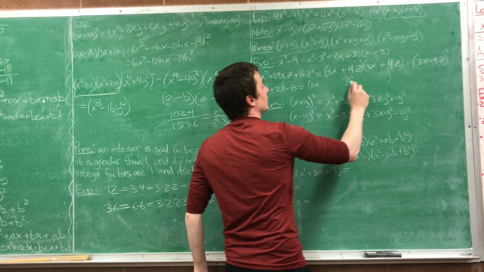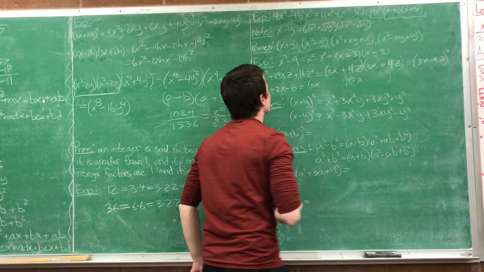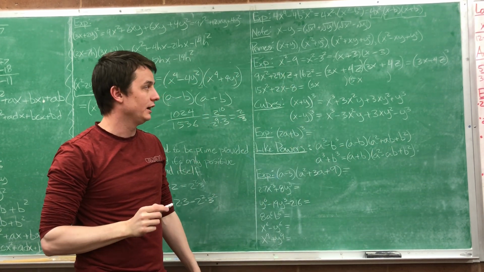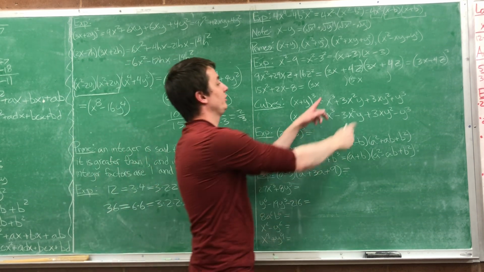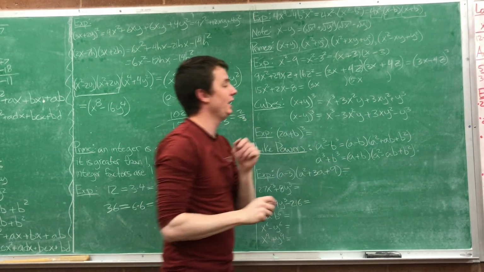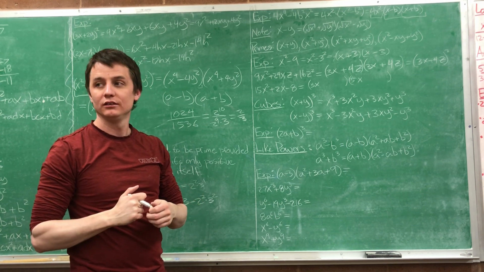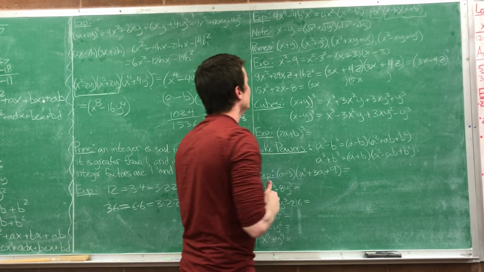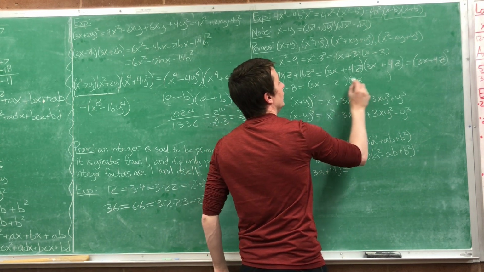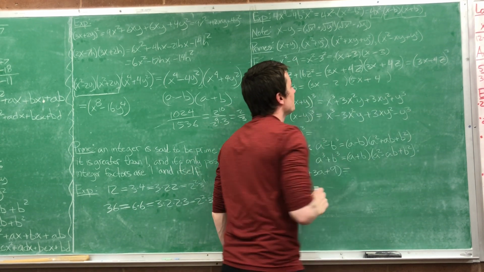So we can put a 3x here and a 5x here. That's our guess so far, right? Our numbers here have to multiply together to negative 8. So what gives us negative 8? Negative 2 and positive 4.